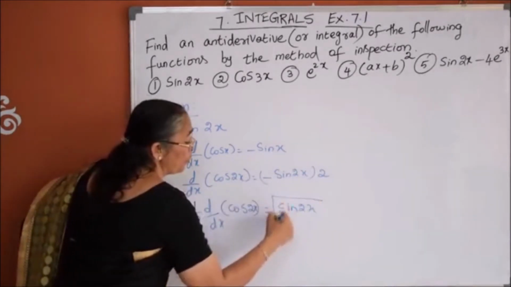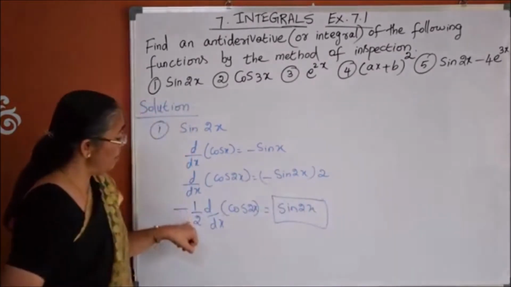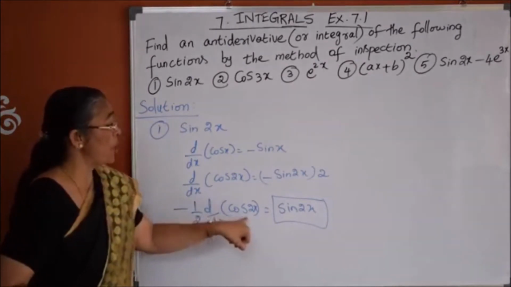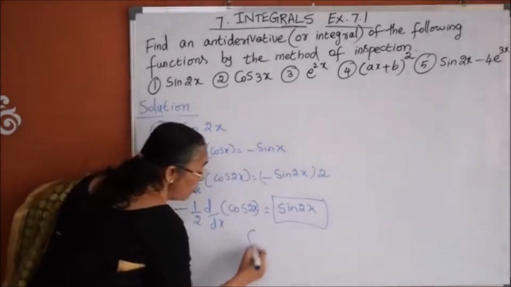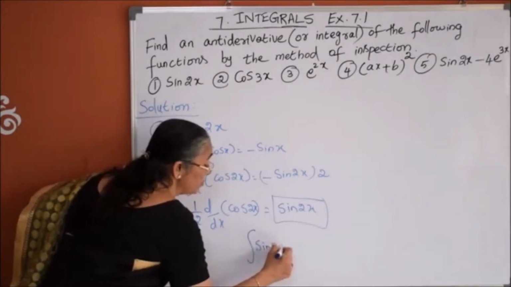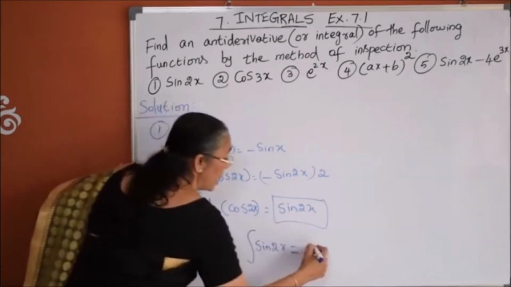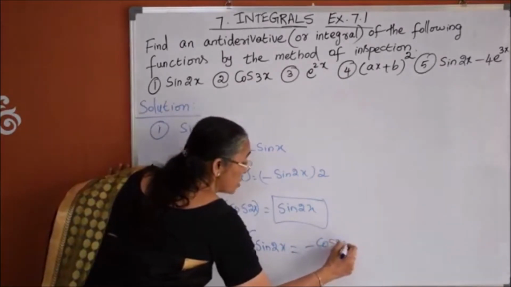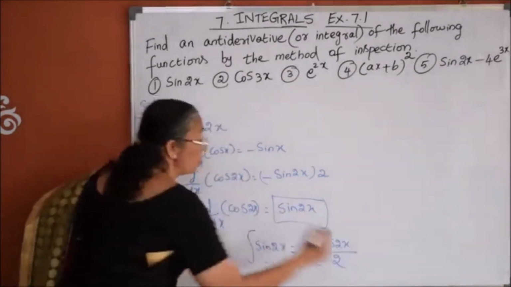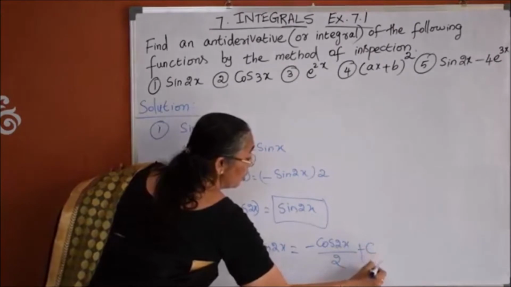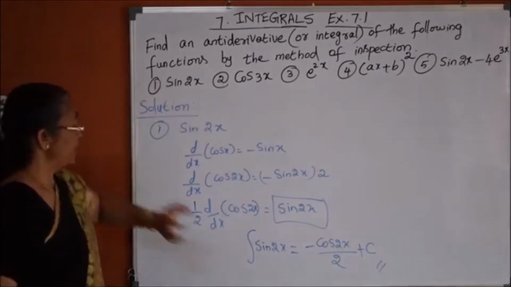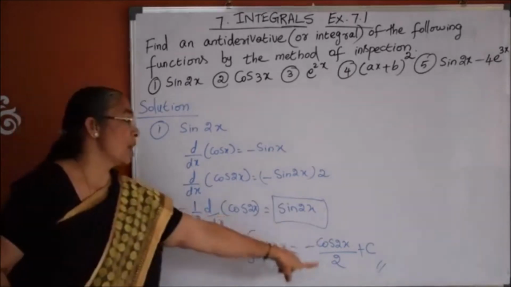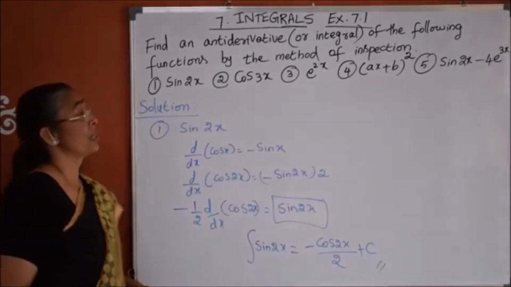So, minus 1 by 2 of differentiation of cos 2x is sin 2x. Therefore, integration of sin 2x is nothing but minus cos 2x by 2 plus c, as a constant will always be added for the integration. So, integration of sin 2x is minus half cos 2x plus c.